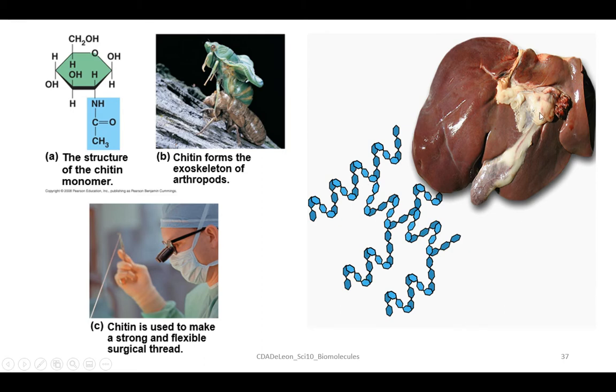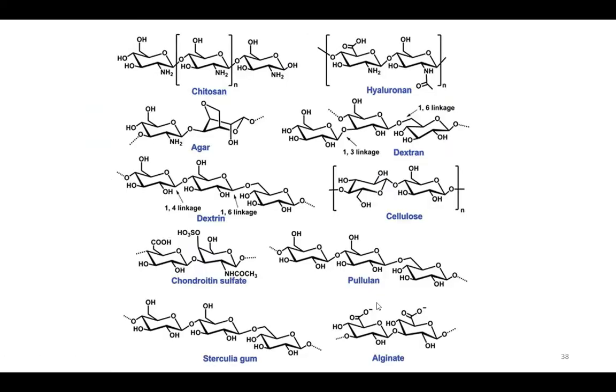I think this is the chitin molecule. So we have chitosan, agar, dextrine, chondroitin sulfate, sterculia gum, alginate, pullulan, cellulose, dextran, and hyaluronic.